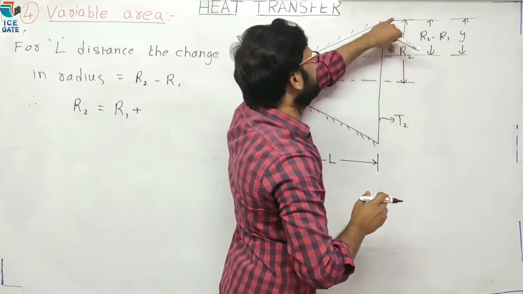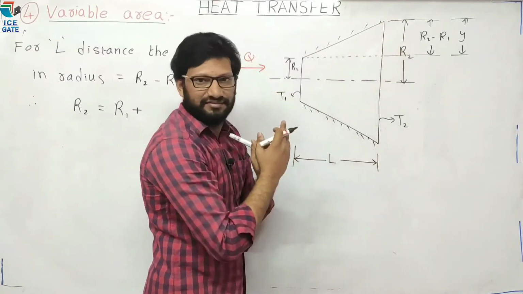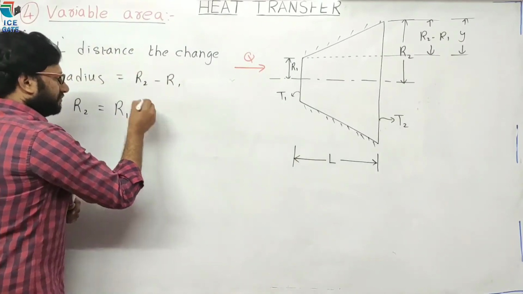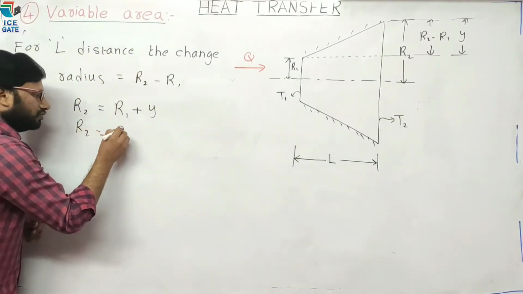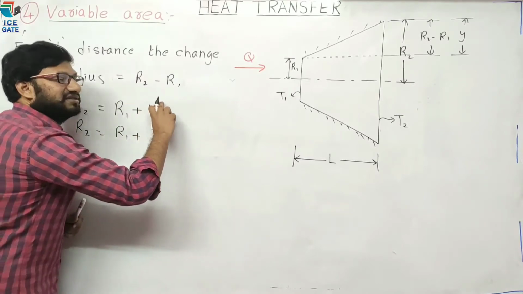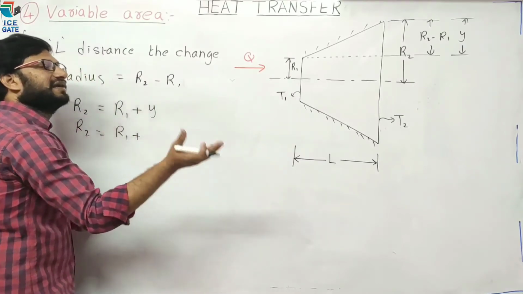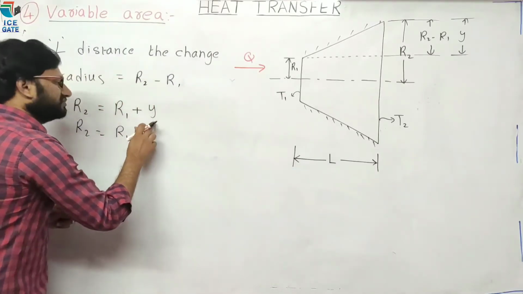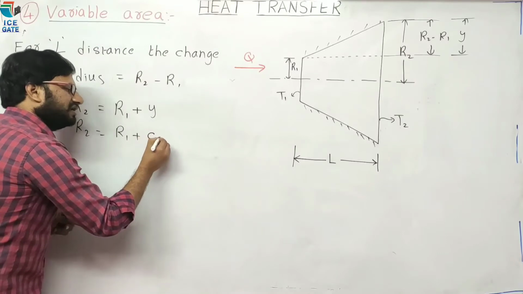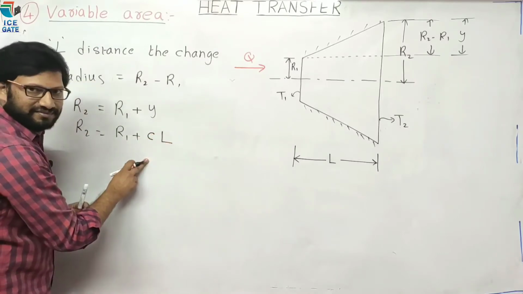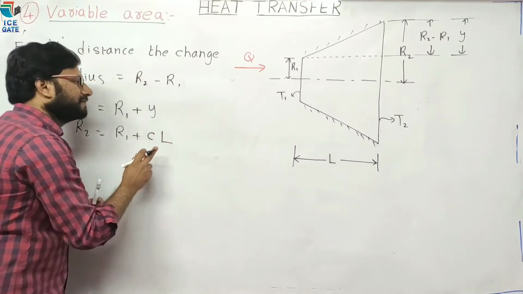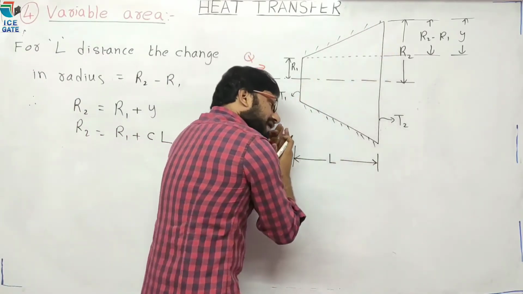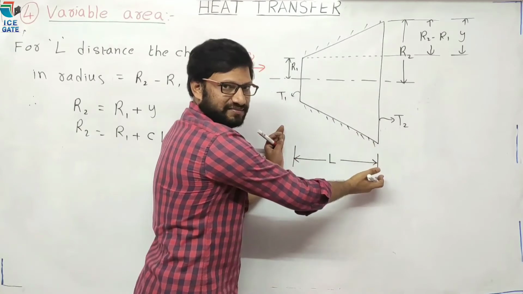Now write down this distance in terms of L. Okay, now that y, R2 is equal to R1 plus this y. I am writing in terms of L because we know the L value. Now this y can be written as some constant into length. Why have we written this? Because the change in radius is with respect to length.